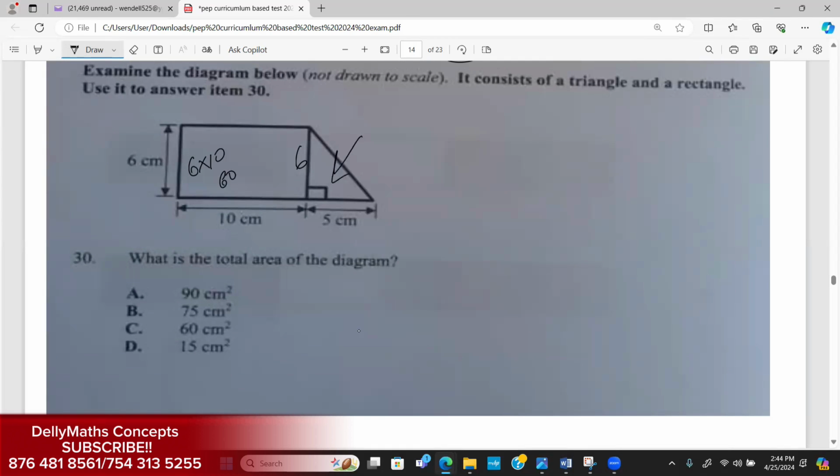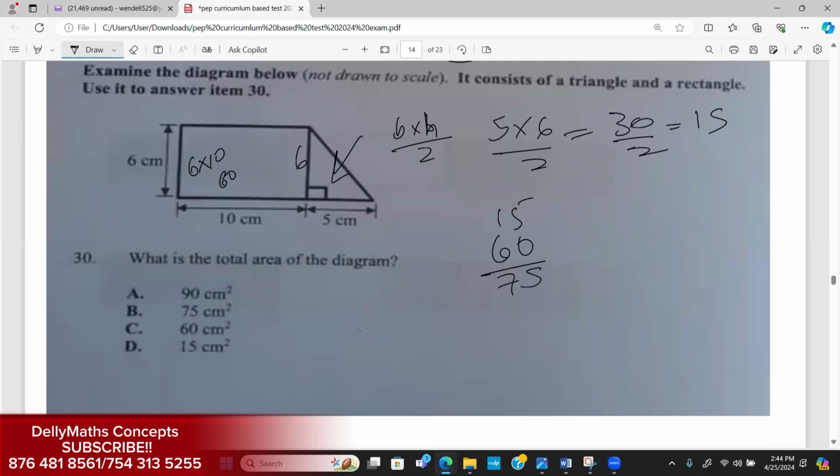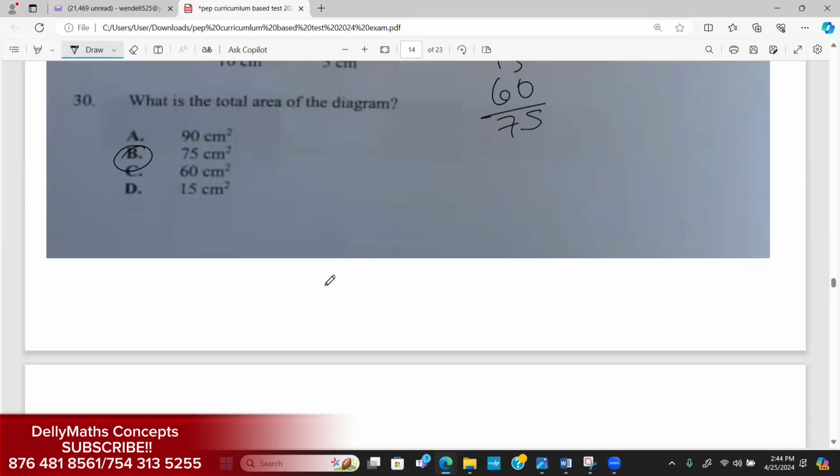The area of the triangle is base times height over 2. So that's 5 times 6 over 2. This is 30 over 2. This becomes 15. So 15 plus 60 is going to give me 75. My answer is B. So you're just finding the pieces that you have and adding them together. 75 is what you should have gotten there.